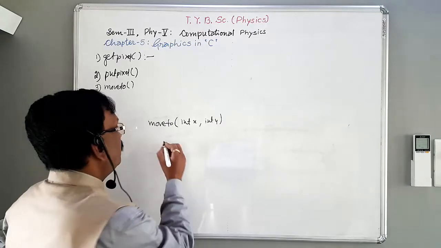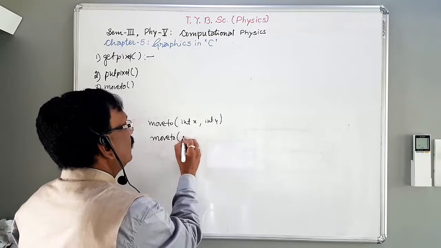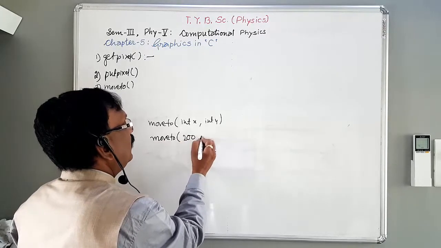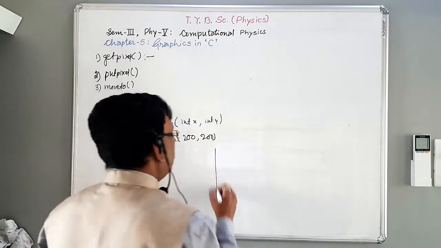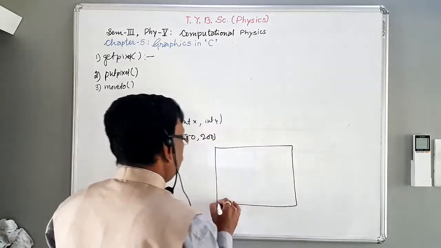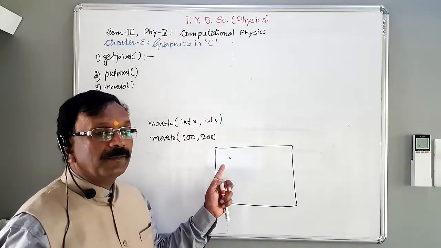Okay. For example, we give the command to the computer like this, move to 200 and 200. Suppose this is a computer screen and we already have the point here, a pixel here.